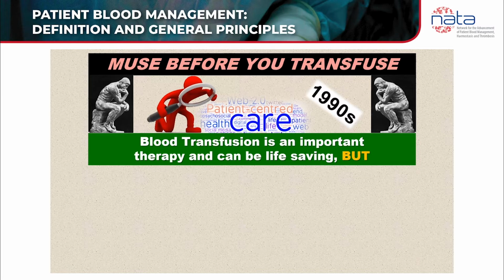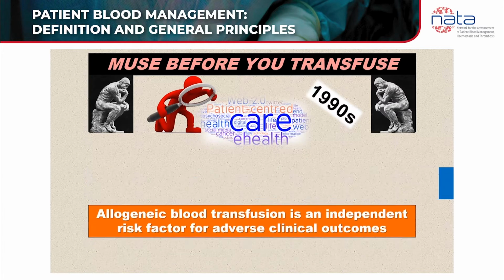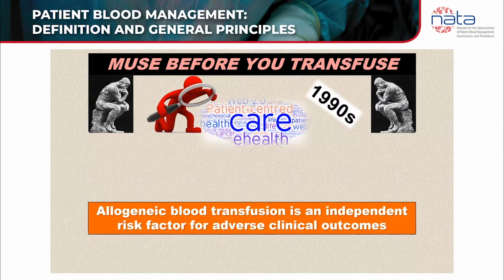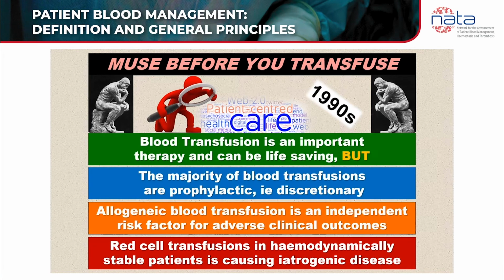Blood transfusion is clearly an important therapy and can be life-saving, but the majority of blood transfusions are prophylactic, that is, they're discretionary, and allogeneic blood transfusion is being increasingly recognised as an independent risk factor for adverse clinical outcomes, and red cell transfusion in hemodynamically stable patients may in fact be causing iatrogenic disease.